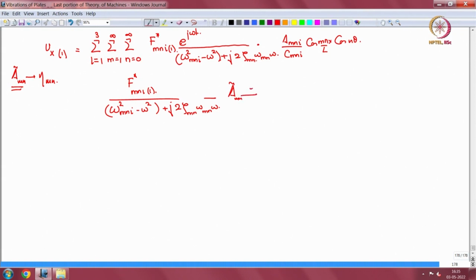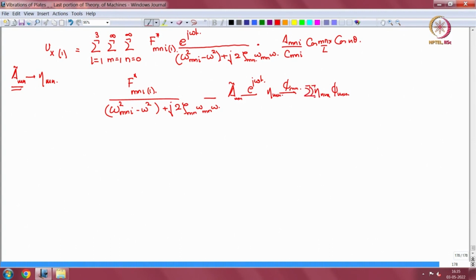I multiply that by e to the power j omega t, I get my eta mn. Then eta mn multiplied by the corresponding mode shape, and then I have to sum it up over mn.